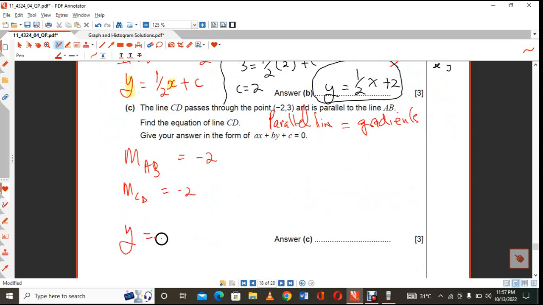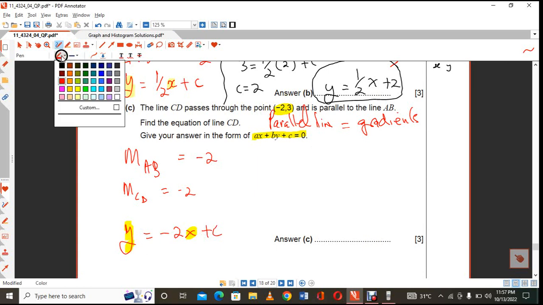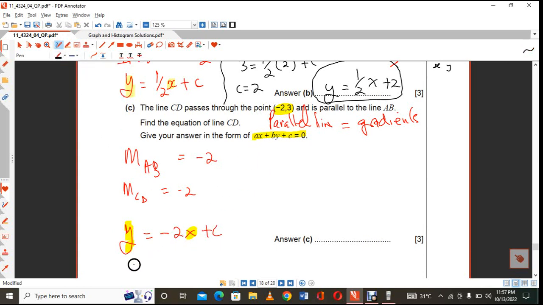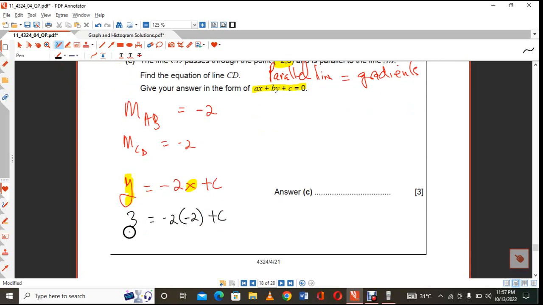So my equation is y equals -2x plus c. We are told that this line passes through this point, so we substitute that point for x and for y. So y is 3, x is -2: 3 equals 4, negative times negative, plus c.